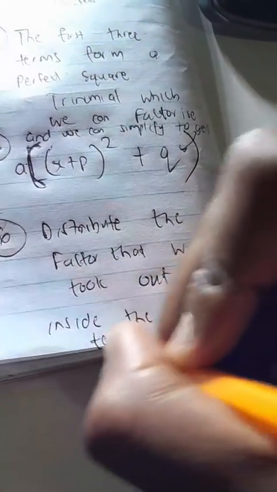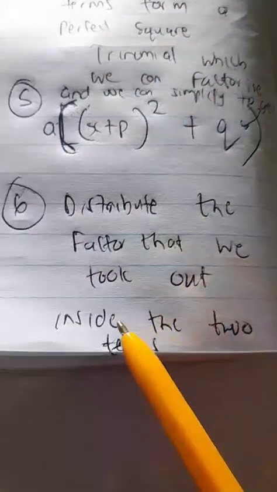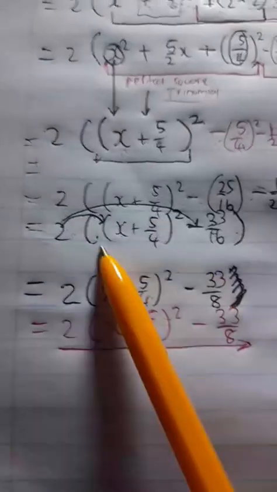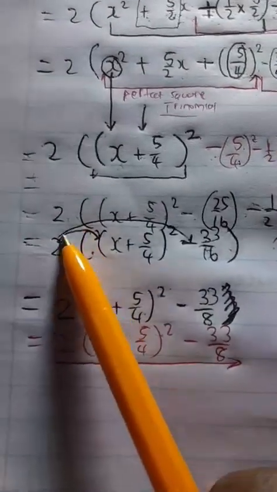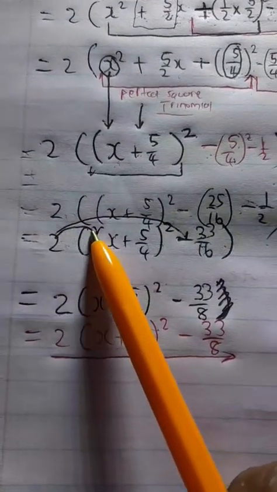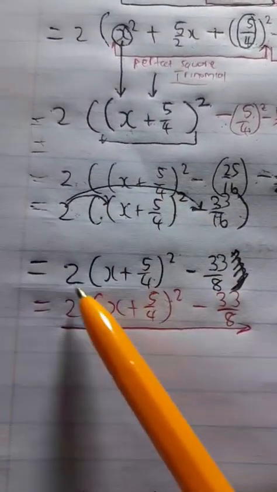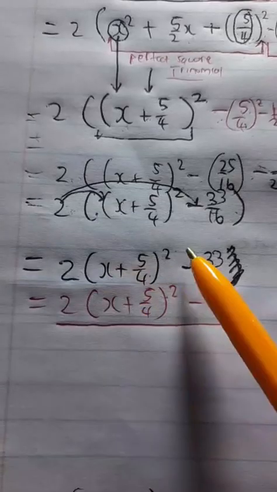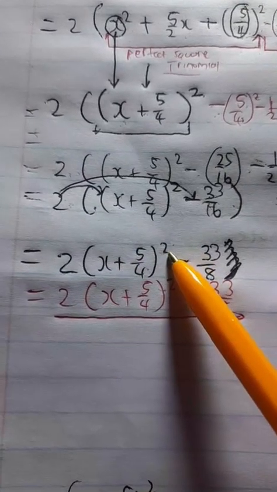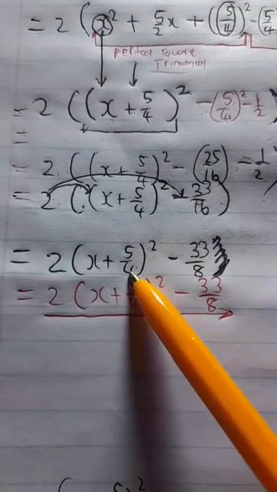And forgive my handsome handwriting. We need to distribute the factor that we took out inside the 2 terms. Remember, we had taken out 2. What we do is we distribute that 2 to the square bracket. But remember that 2 stays outside because this square does not allow 2 to go in.